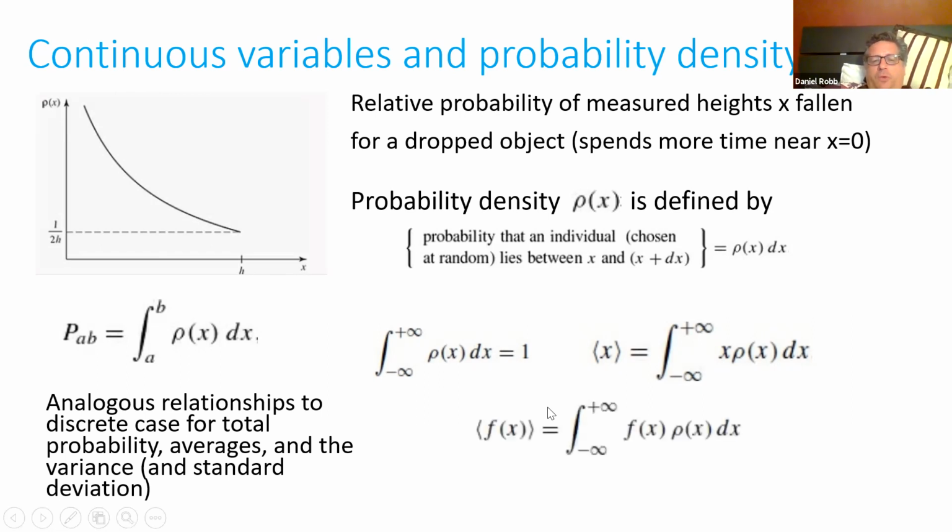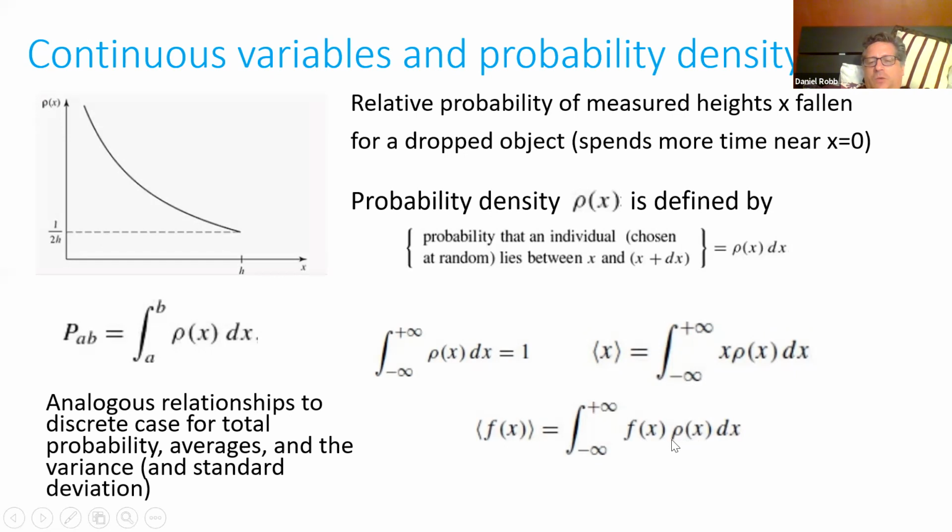And then, as before, it doesn't have to just be x that we take the average value of. It could be any function of x, like x squared or x to the 5th, or you can make up your own function, sine of x, whatever. It is the integral from minus infinity to infinity of, instead of x rho of x dx, f of x rho of x dx.